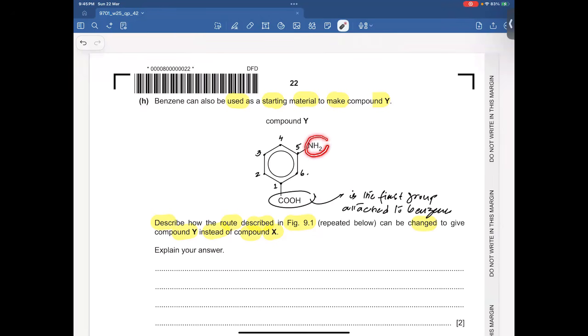If I want to attach NH2 on the fifth carbon atom, then it means I have to do the oxidation first and then the nitration. In order to attach NH2 on the meta position, first we need to convert the alkyl group into carboxylic acid. I mean to say, first we'll go for the oxidation, and then we'll go for the nitration, so that NO2 attaches on the meta position, that is 3 and 5.